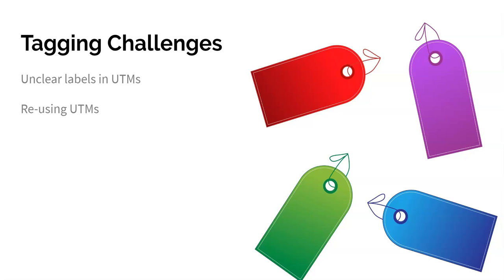So if you've ever clicked on a URL and you see a long chain of characters after the .com, that is a set of tags that's feeding information about the campaign, the messaging, the location of the campaign, the target audience of the campaign, and a variety of other parameters into your Google Analytics, as we talked about before.